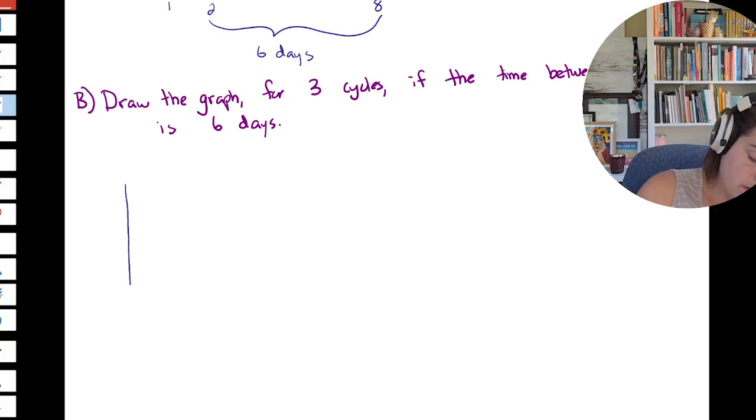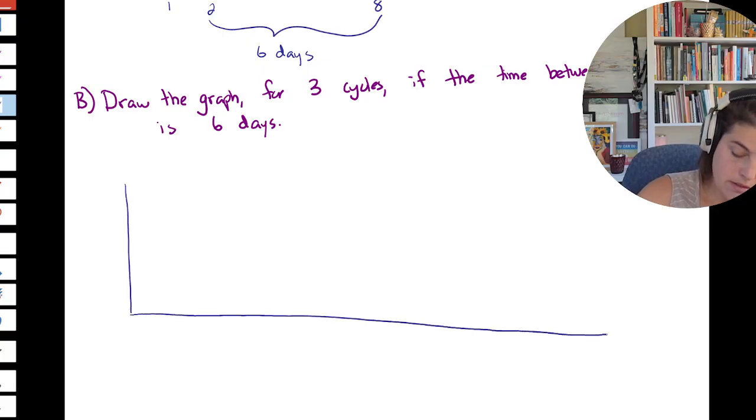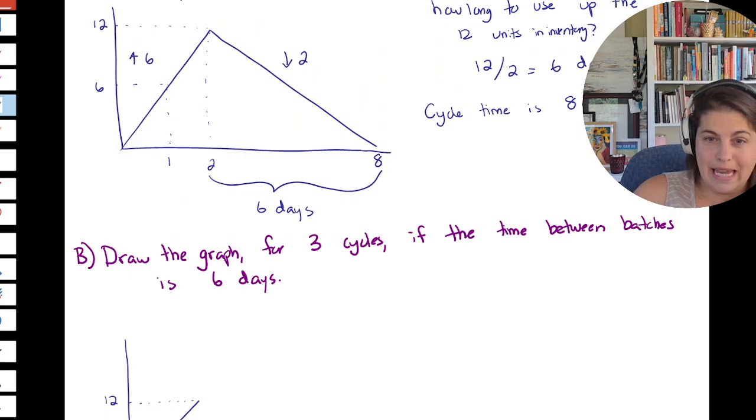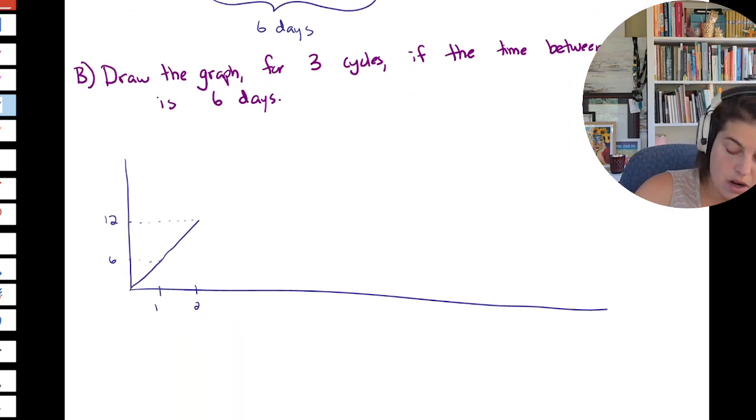Our production and our demand don't change. We're going to have 3 cycles though, so it's going to be longer. Day 1, we're going to add 6 units to inventory. Over day 2, we're going to end up at that 12. But now there's only 6 days between runs. So instead of getting all the way to 8, our cycle is only going to get us to 6.